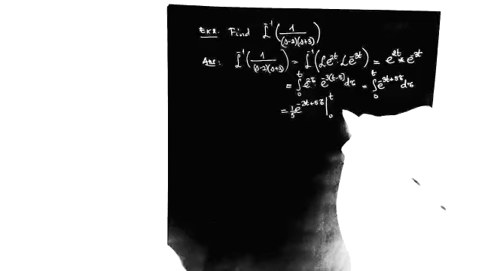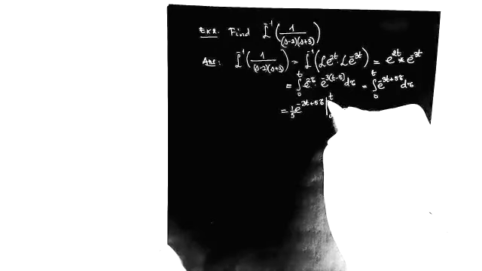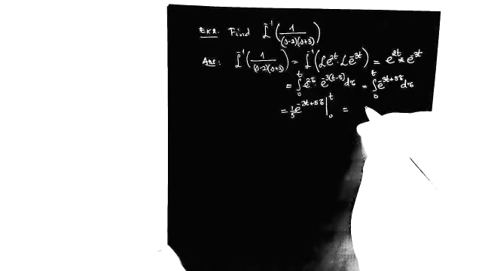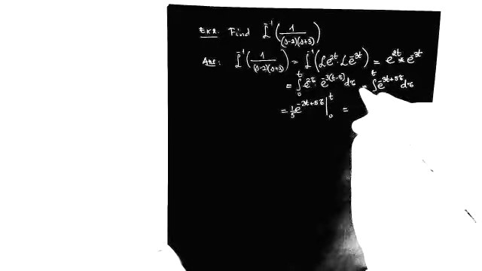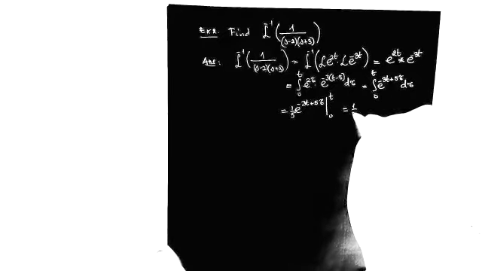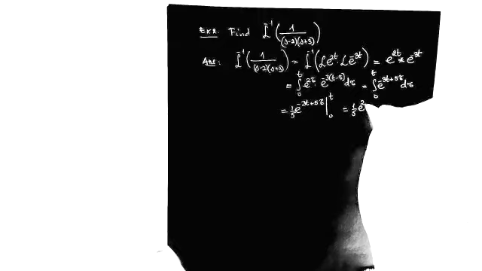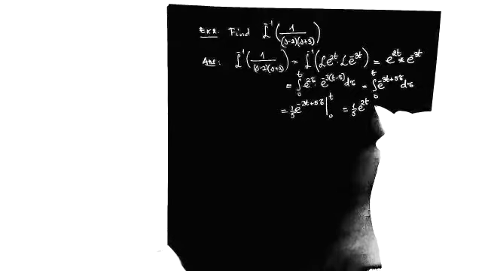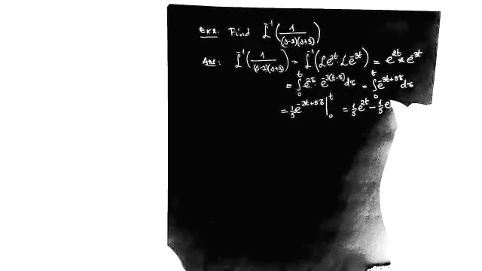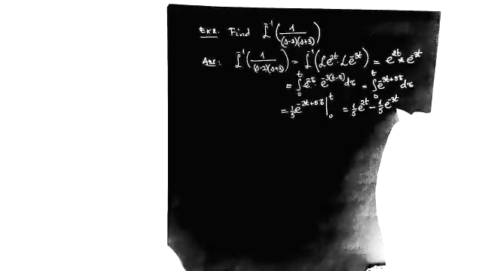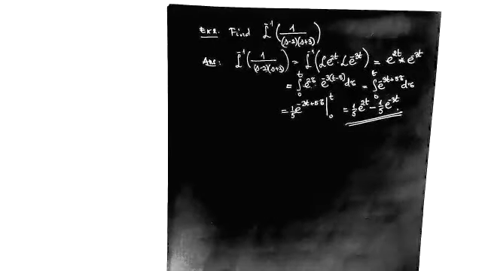You plug in t, you get 5t minus 3t, 2t, so that is 1/5 e to the 2t, and then you plug in 0, you get minus 1/5 e to the minus 3t, and that's the answer. And that's the same answer you would get if you did partial fractions first.